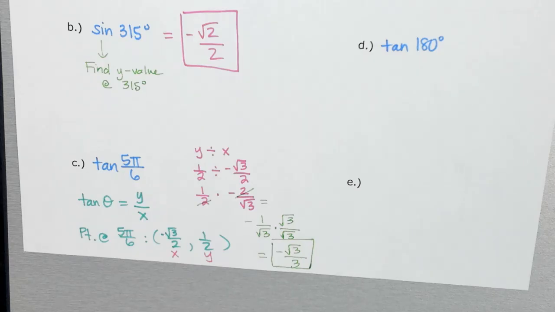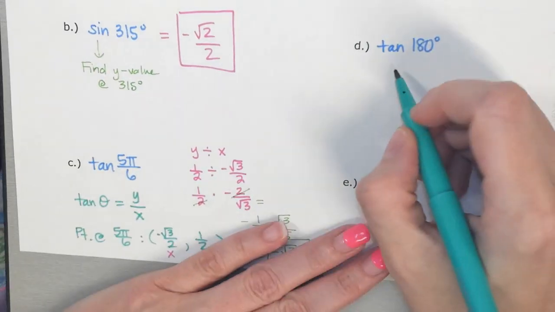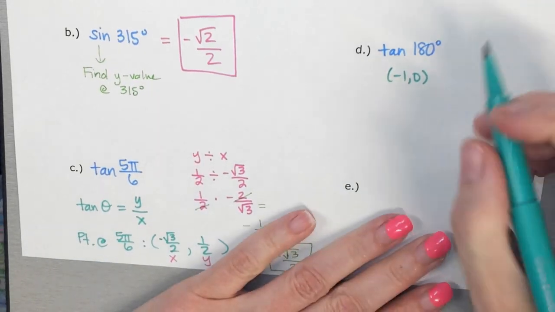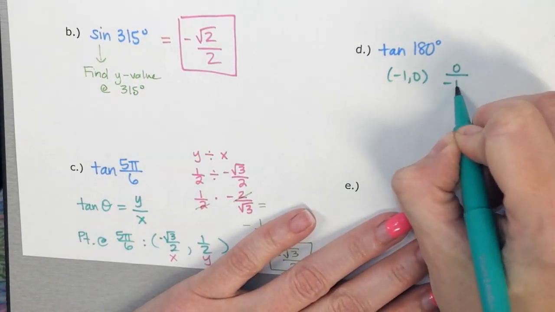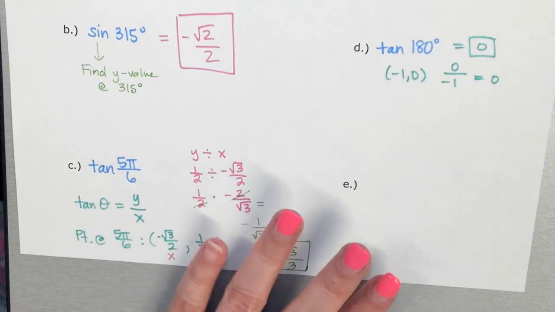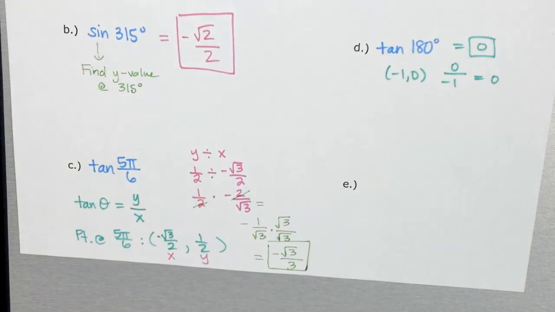All right, so what did you guys get? What is the point at 180 degrees? If your point is negative 1, 0, and you're doing y divided by x, 0 over negative 1 is 0.